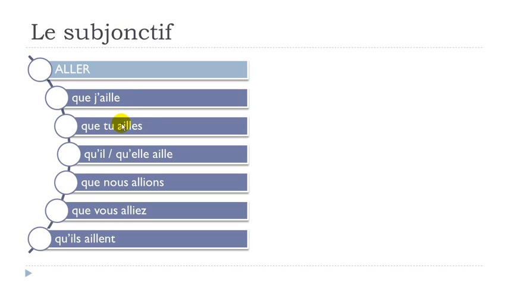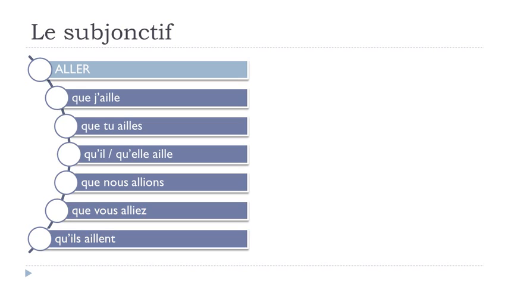And that's the difference here: allions. I don't make the liaison just for you to listen carefully: alliez. If you want to make the liaison, que vous alliez. And then qu'ils aillent, and the feminine form, qu'elles aillent.